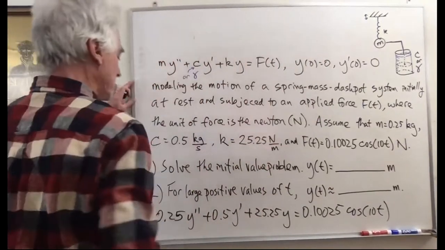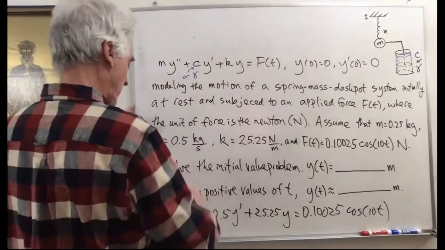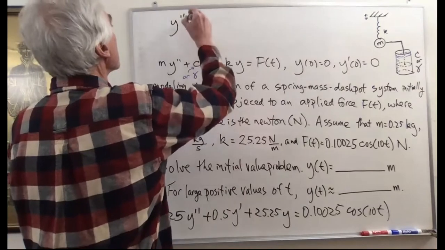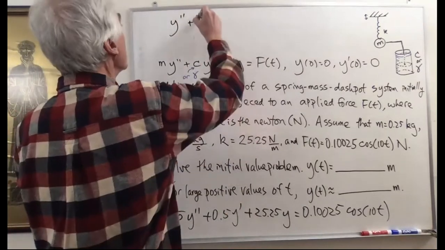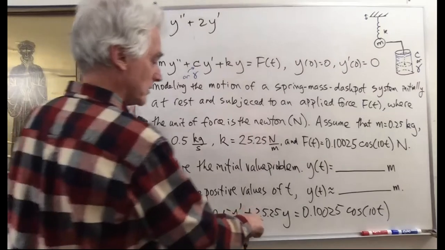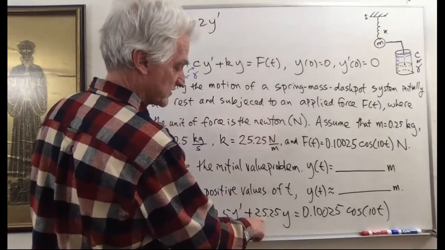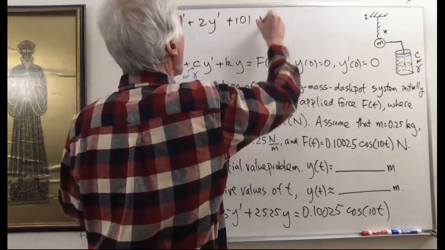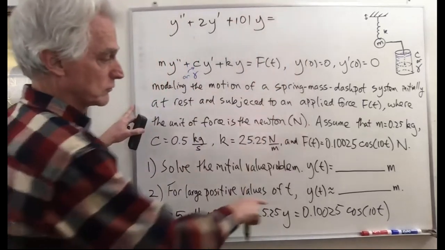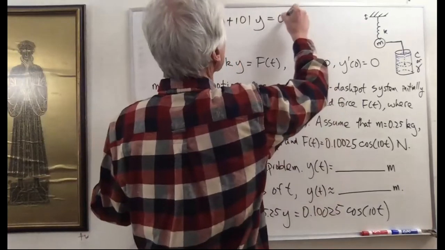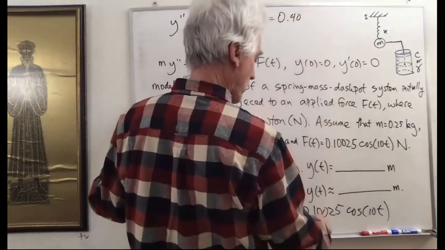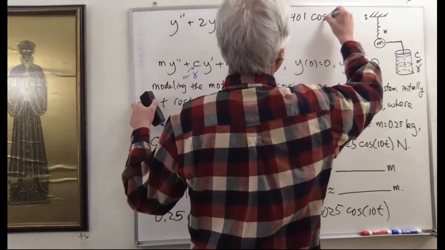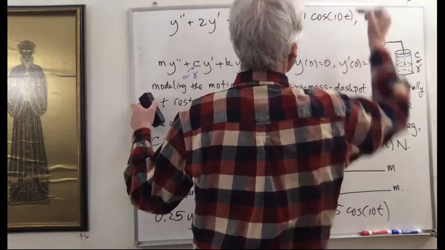If I multiply through by 4, I get y double prime plus 2 y prime, and then 25.25 times 4 gives me 101, so plus 101 y is equal to, multiplying this by 4, 0.401 cos of 10t.